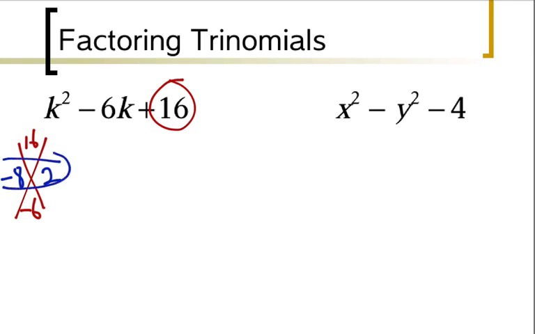And usually you'll jump ahead and actually write that down as your answer. But you've got to be really careful because that actually does not factor. The reason why is because negative 8 times 2 would have given you negative 16, and that does not give us our positive 16 that we're looking for. So this problem doesn't factor.